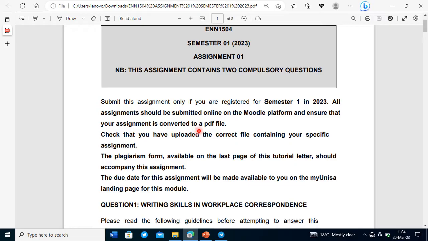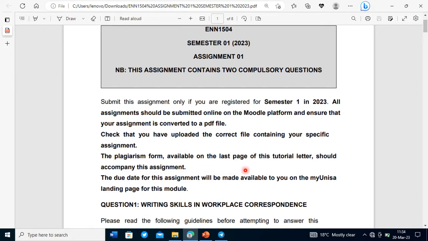So just to be on the safe side, please make sure that you convert it into PDF. Check that you have uploaded the correct file containing your specific assignment. Make sure that you name your file correctly so that you remember that this one is ENN 1504 assignment 1.